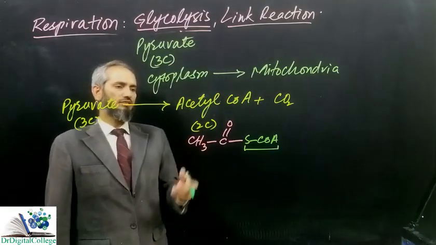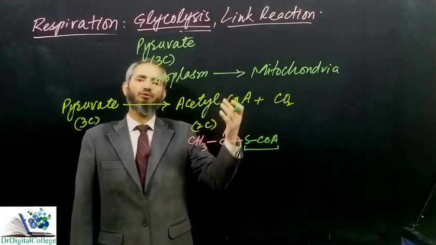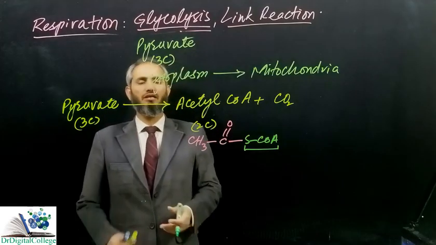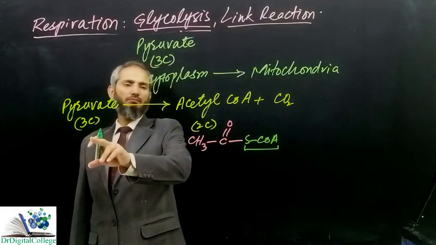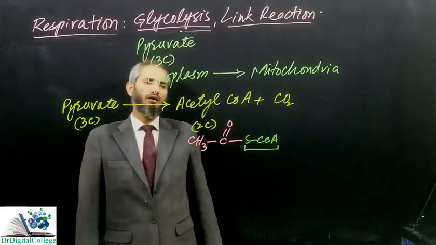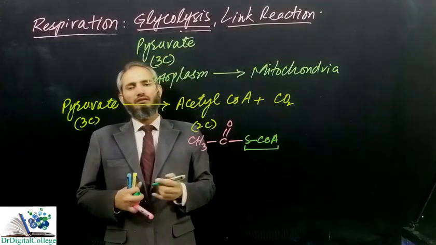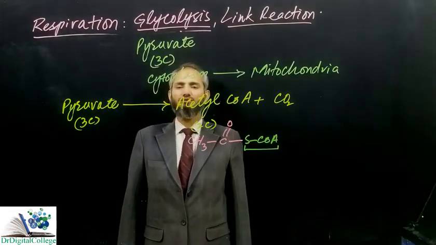In some next lecture, we will study the role of acetyl coenzyme A, the role of NAD, and the role of FAD, which is going to be used in Krebs cycle. Now the 3-carbon compound has been changed into a 2-carbon compound. There is the removal of carbon. Whenever there is the removal of carbon, there is the removal of hydrogen also.